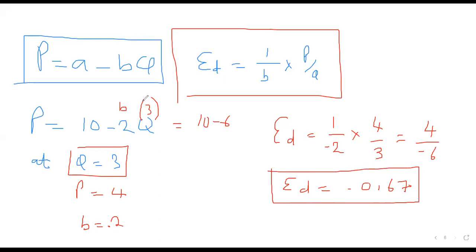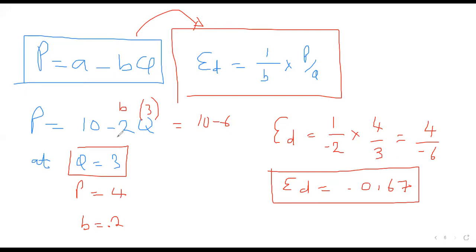Let me go through this calculation again. This is an inverse demand, whenever P is the subject. The formula for elasticity we use is this. It's an inverse because we're going to have 1 over B, then price over quantity. So in this equation here, we identify our B. What is B?